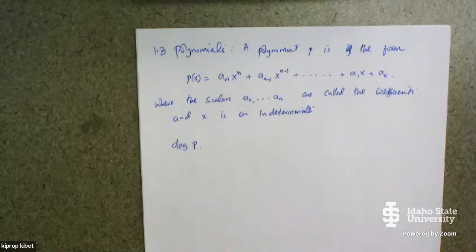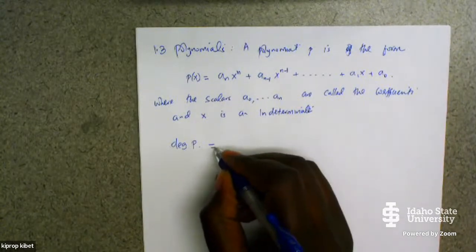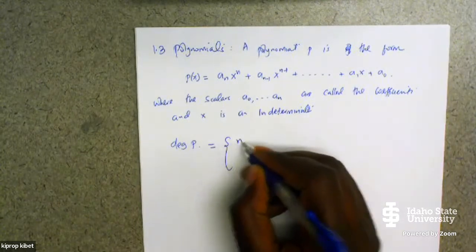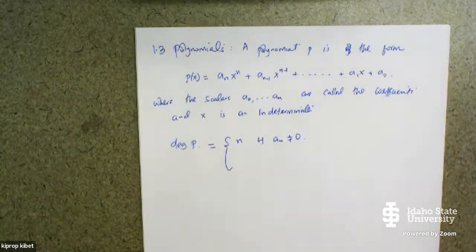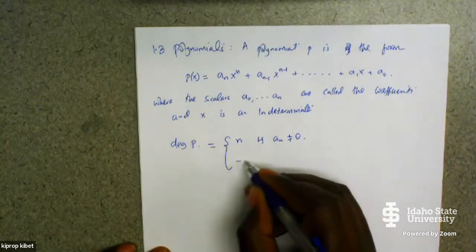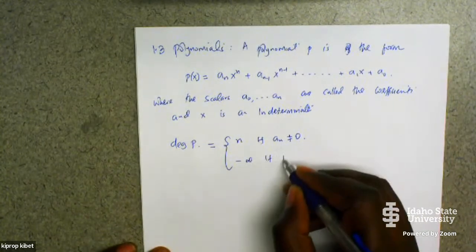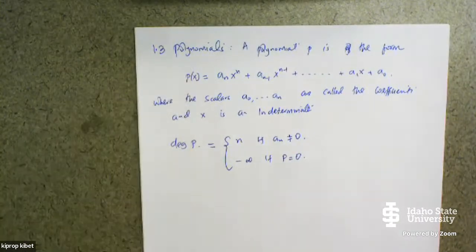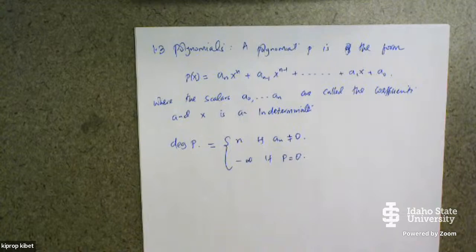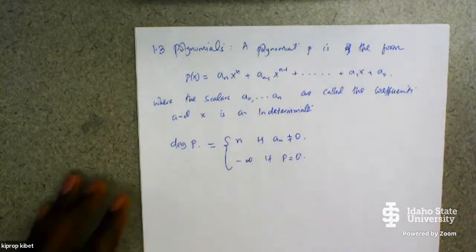Then the degree of the polynomial equals n if a_n is not equal to 0, and it is minus infinity if p is equal to 0. Okay, so we will continue from there on Thursday.